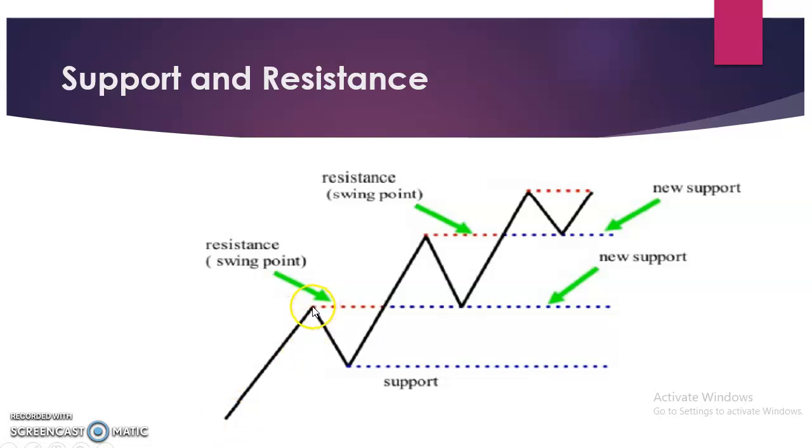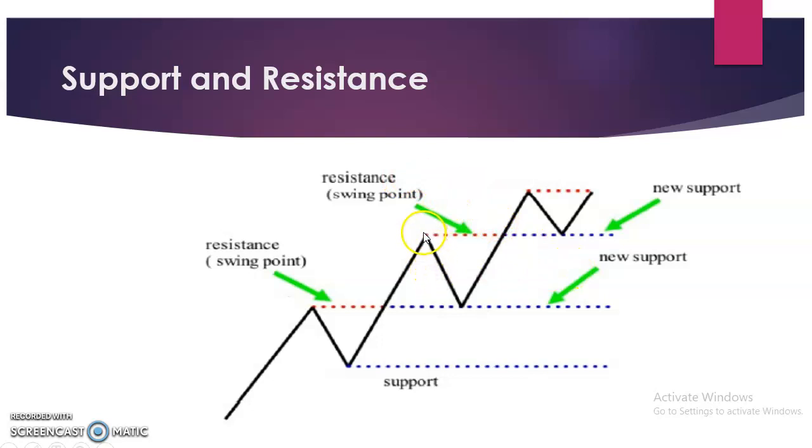And where price began to move to the downside, the point the price reached before it began to go to the downside, that place is what is resistance. And we showed that in this diagram that you are looking at right now on the screen.